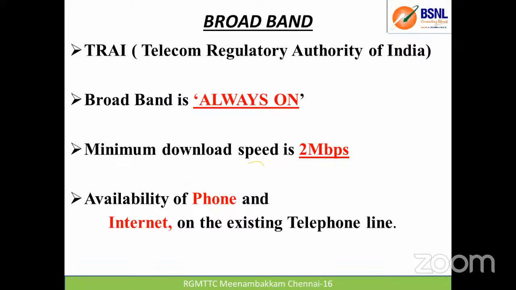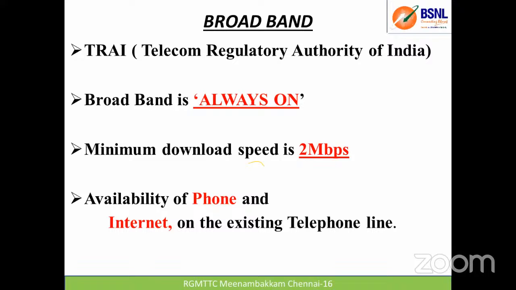Then broadband. Broadband is what we call an always-on technology. It is regulated by TRAI, the Telecom Regulatory Authority of India, a government organization run by the Government of India to watch over and regulate the operations and functions of the telecom providers.